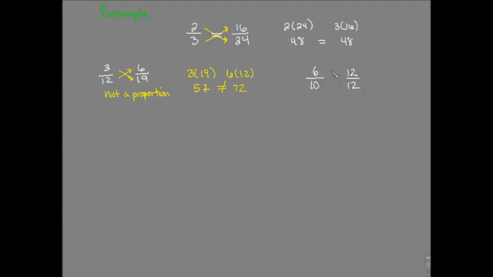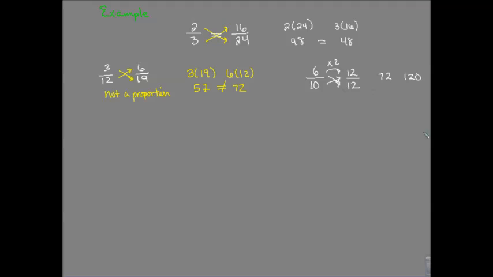Well, this was times 2, right? But this is plus 2. So, right, but if I do the cross products, I'm going to get 72 and 120. So, do you see what I mean?